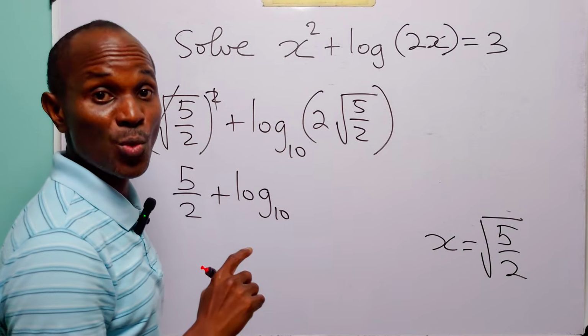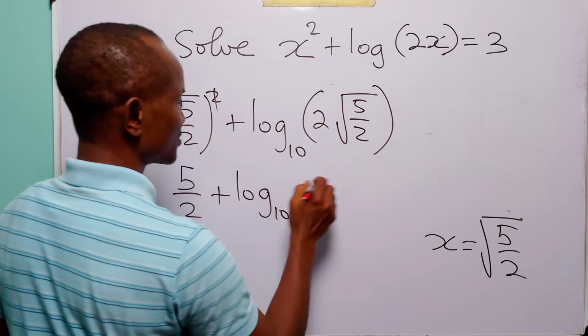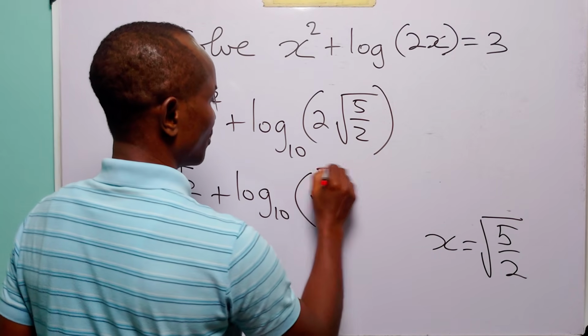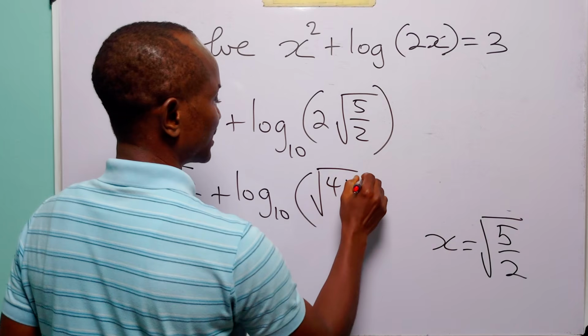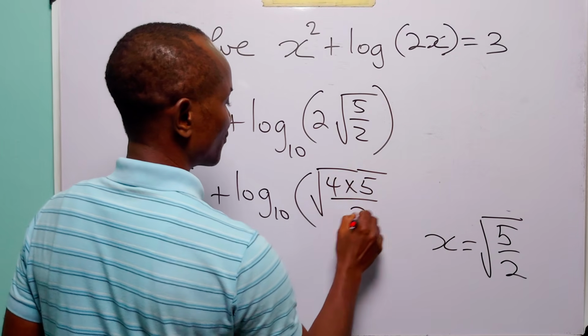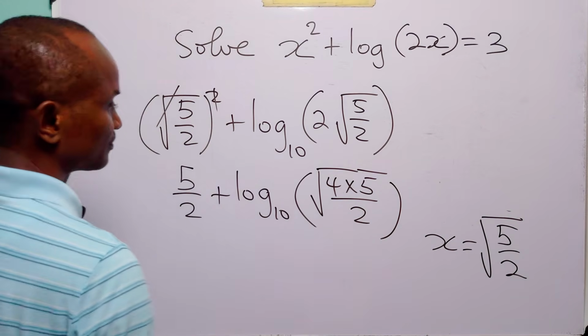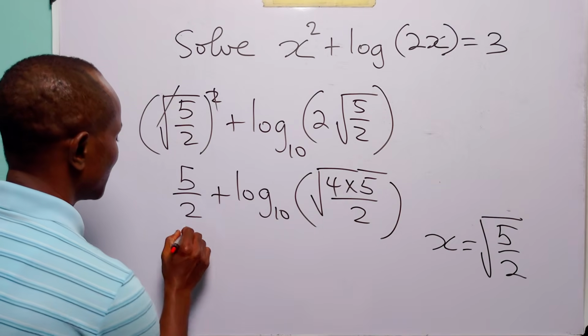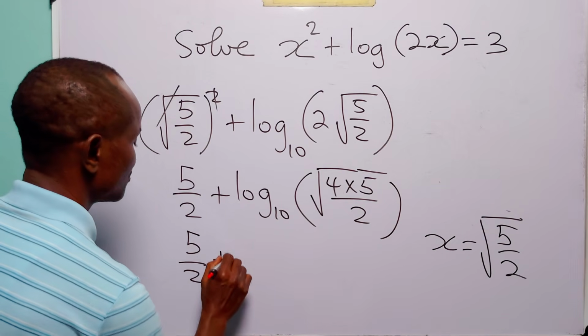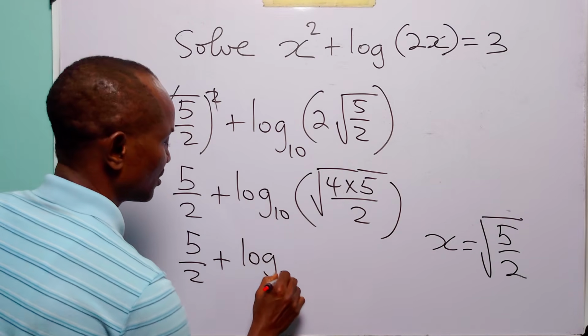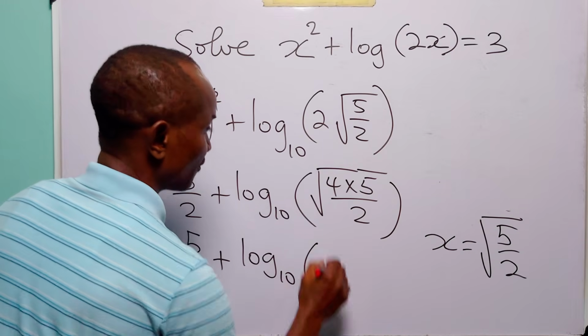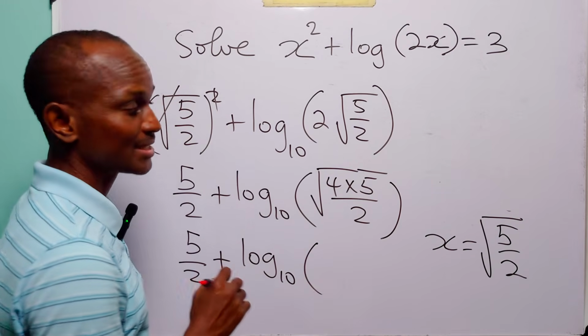And 2 is the square root of 4. So this is going to be root 4 times 5 over 2. Here we have 5 over 2 plus log to base 10 of 4 times 5 is 20.